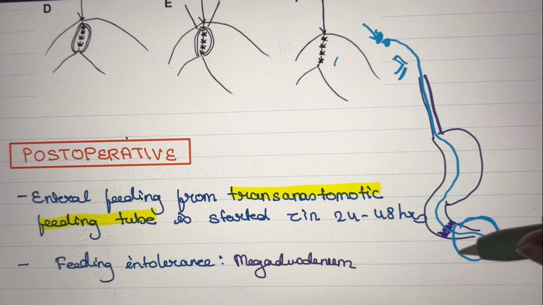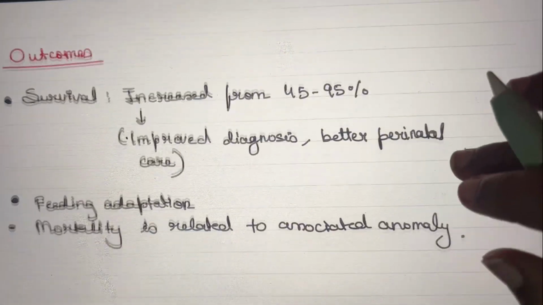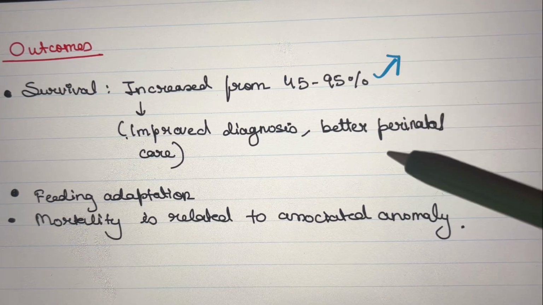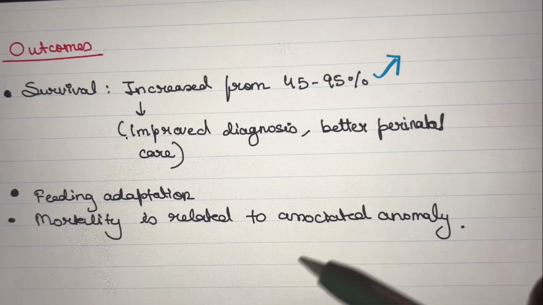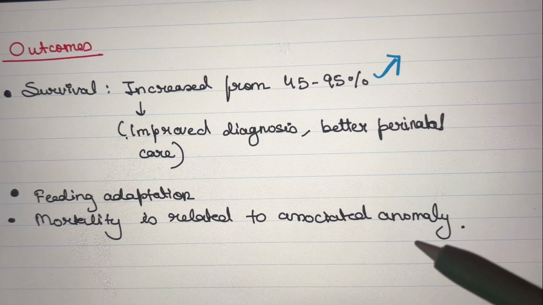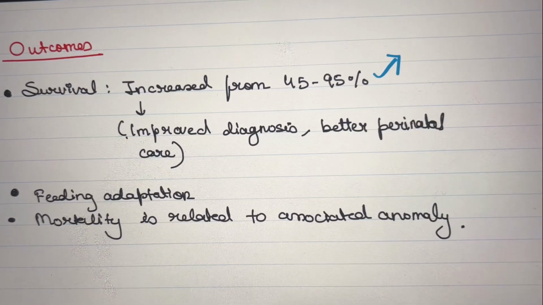There will be swelling in the duodenum, that is megaduodenum. Outcome: survival has increased from 45 to 95% now because of more surgical efficacy, improved diagnosis and better perinatal care, and feeding adaptation takes some time.